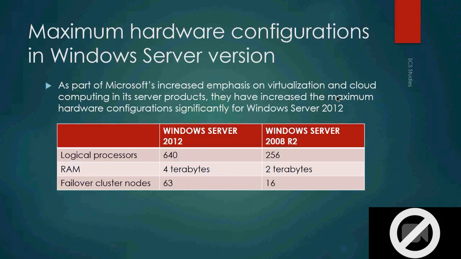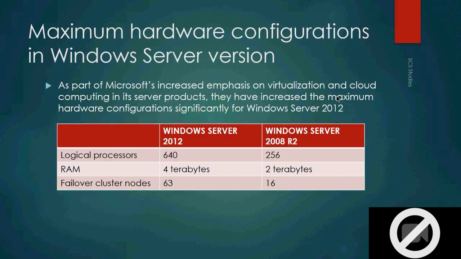In this slide, we can understand that as part of Microsoft increasing instances and virtualization cloud in its server products, they have increased the maximum hardware configuration significantly for Windows Server 2012. That means, what can we understand about the server capacity? We basically measure the server capacity based on the number of processors, based on the amount of RAM, and based on the support of the particular server.